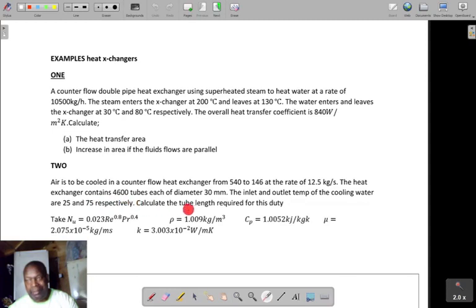You are told calculate the tube length required for this duty, given that the Nusselt number is equal to 0.023 Reynolds number raised to the power of 0.8 times the Prandtl number raised to the power of 0.4 for this kind of flow. You're told that rho is equal to that, Cp is equal to that, mu is equal to that, and K is equal to that.